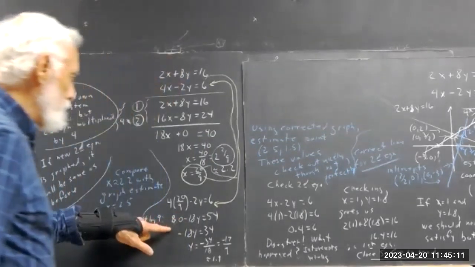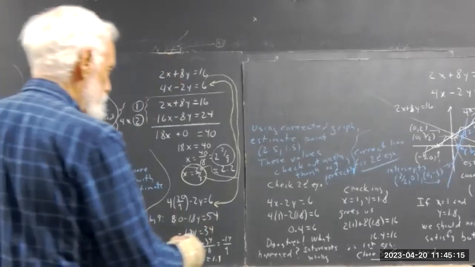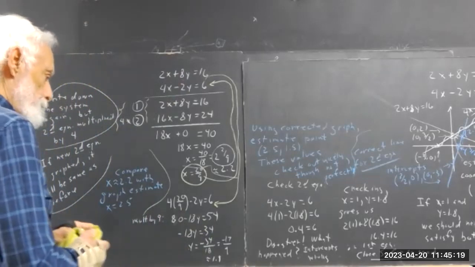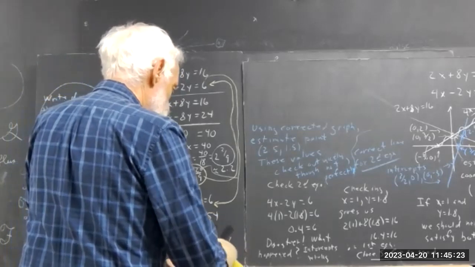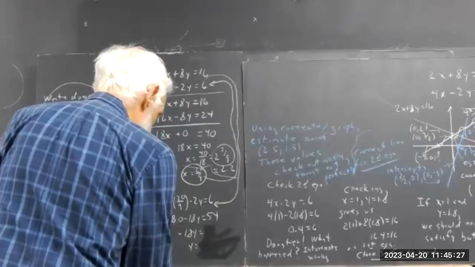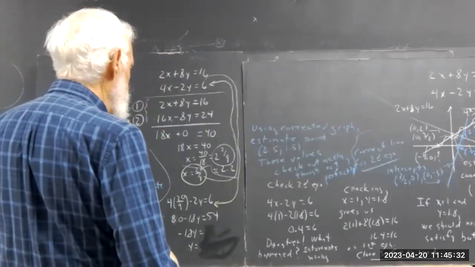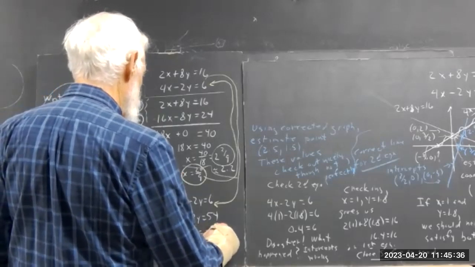So it should have 80 minus 18y equals 54. I shouldn't have gotten a negative result, and I kind of obliterated that. I'm going to get negative 18y equals negative 26.